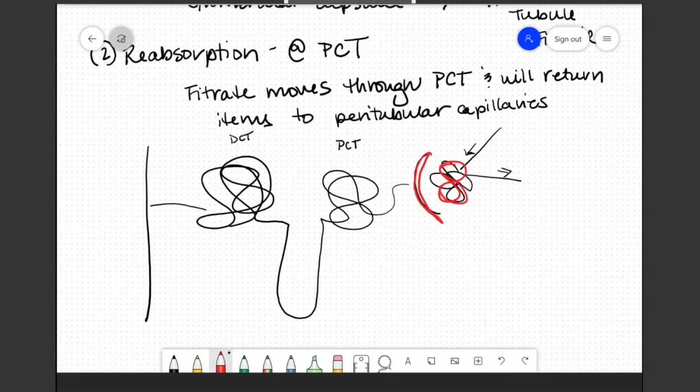So this is just a general quick look at this process. We talked about this part right here with blood coming in and blood going out. This part was filtration. What we're now saying is reabsorption is going to be the PCT. So we're going to be talking about this part is reabsorption.